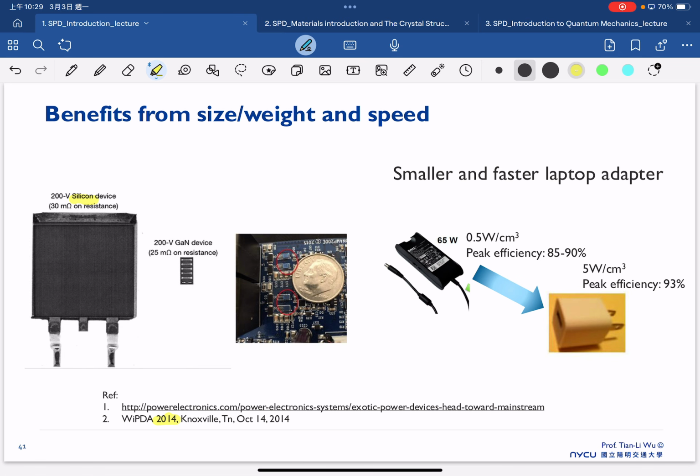But now if we replace the silicon device with a gallium nitride device, we can greatly reduce the size. And where is our gallium nitride device? It is here, this very small one. This is our gallium nitride transistor. So by using the gallium nitride transistor, we can have a much smaller and faster laptop adapter.